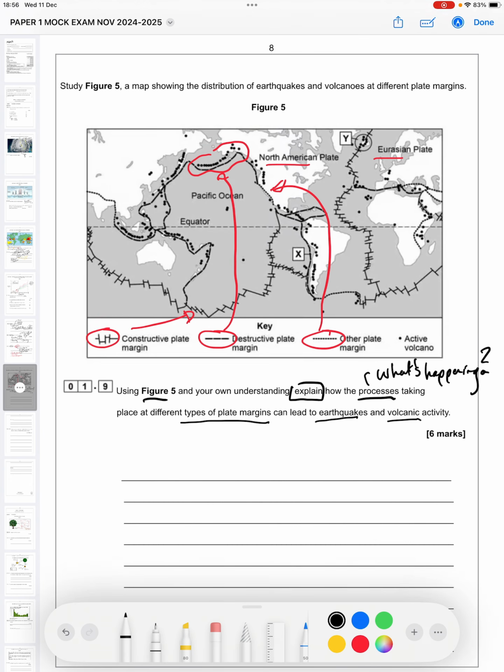Now we know the margins link to this up here. And we can also see that we've got earthquakes and volcanoes.